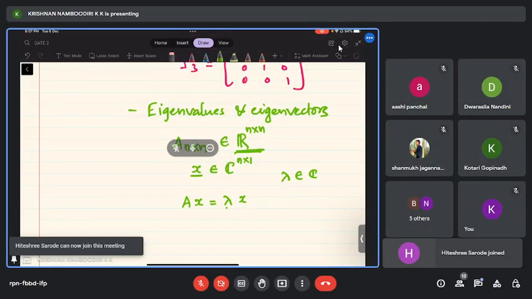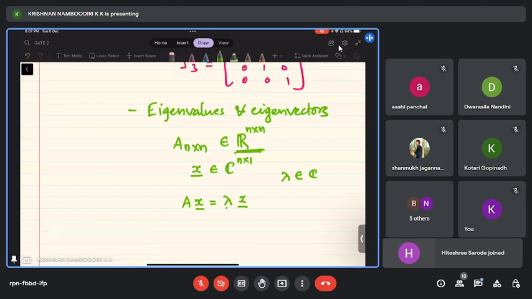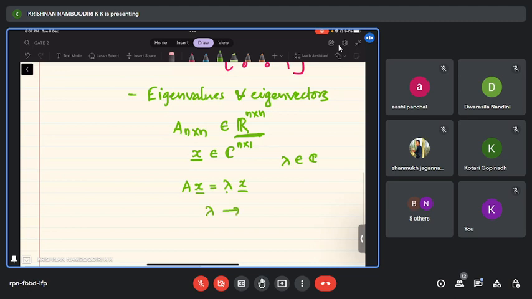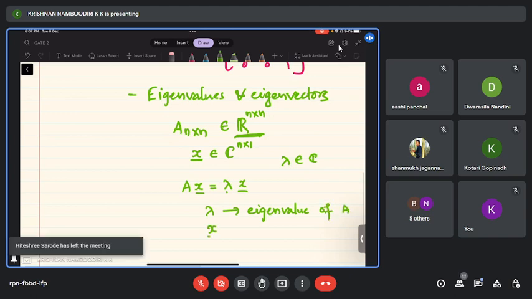Ax equals lambda into x. If we can find such a lambda and an x, then lambda is known as the eigenvalue of A, and x is known as the corresponding eigenvector.